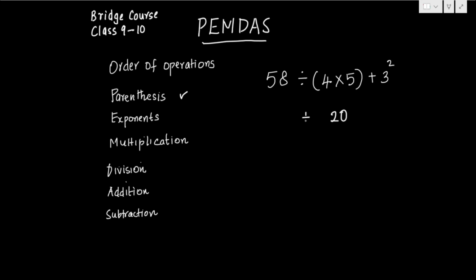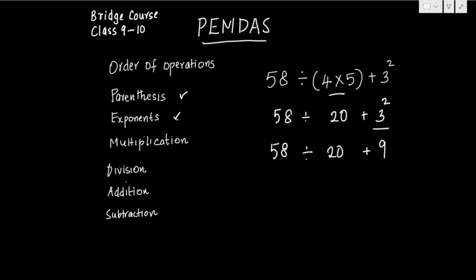We can do it step by step. So I will just write down whatever is there. First step, parenthesis, that is done. Now let us look at exponents. 3 square is an exponent. So 3 square is 3 times 3, so that is 9. You put that here, and then you leave everything as it is.